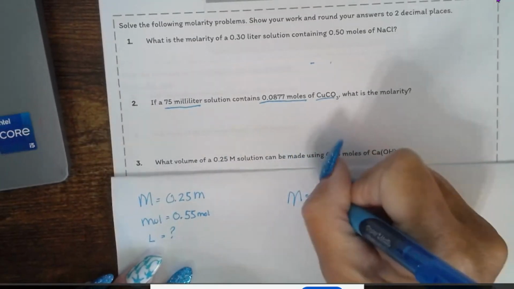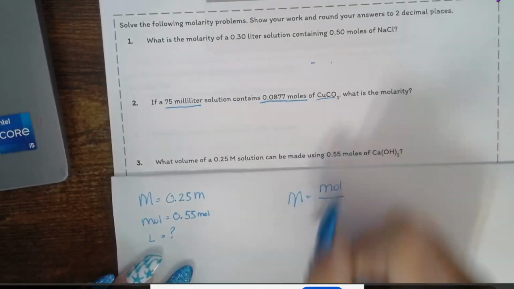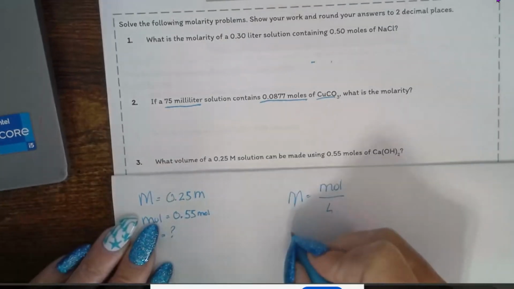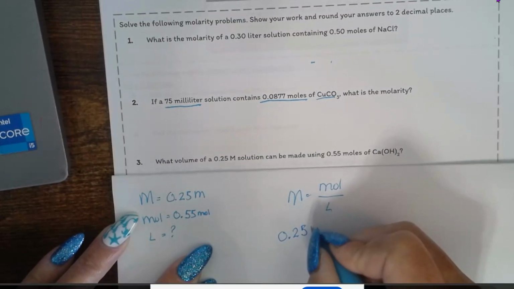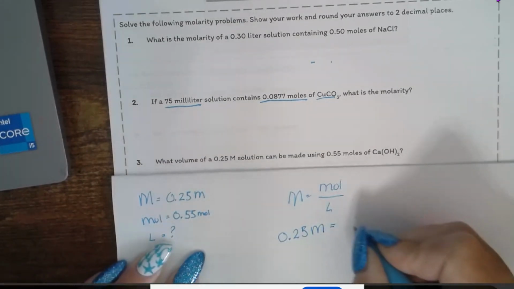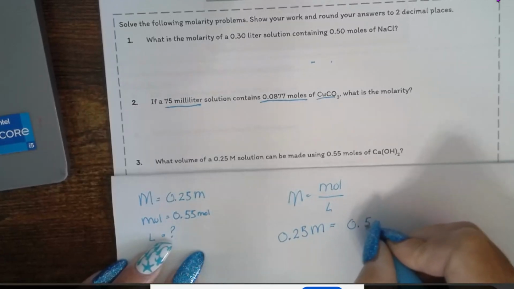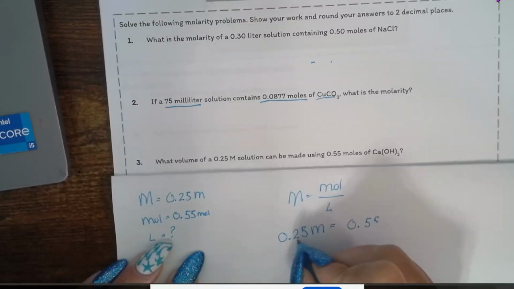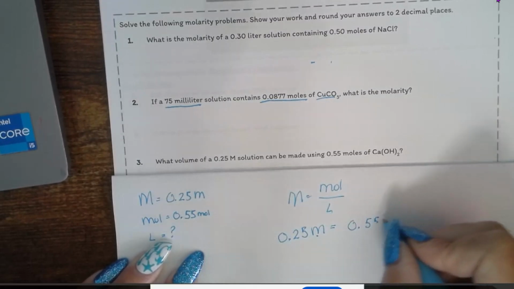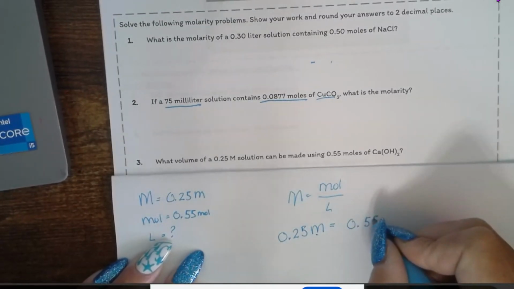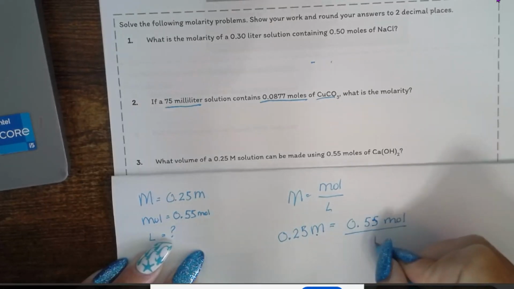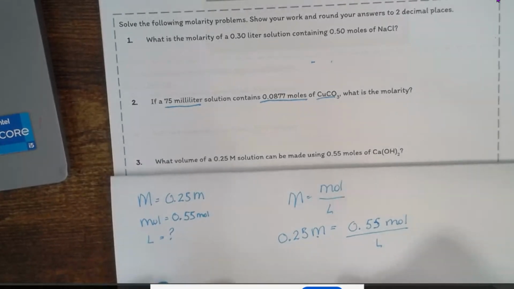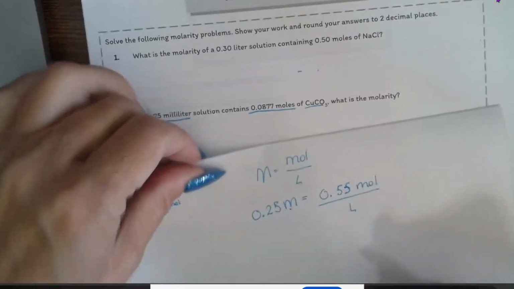Okay, so now let's set this up. We know that big M is equal to moles over liters. So that tells me 0.25 molar equals 0.55 moles over liters. Okay, so now to solve this, I've got to do a little bit of algebra on it.